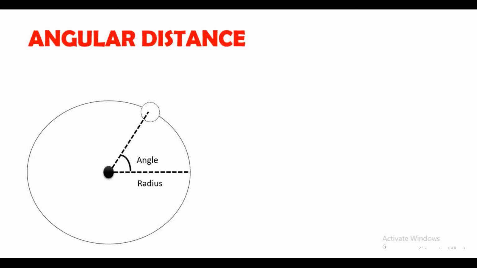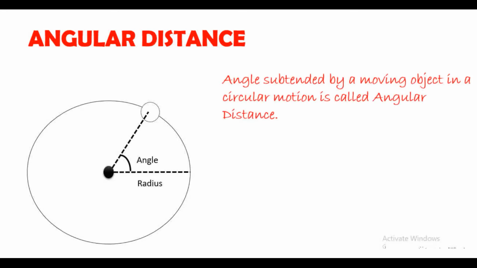That change in angle, or the angle subtended by a body when it is moving on a circular track, is named angular distance.